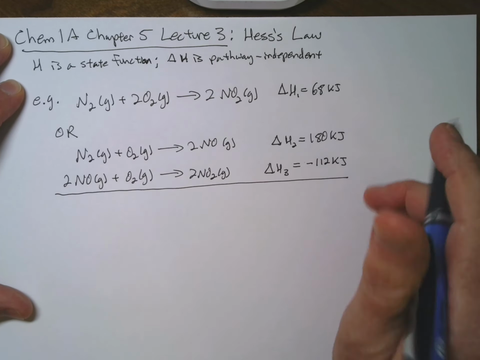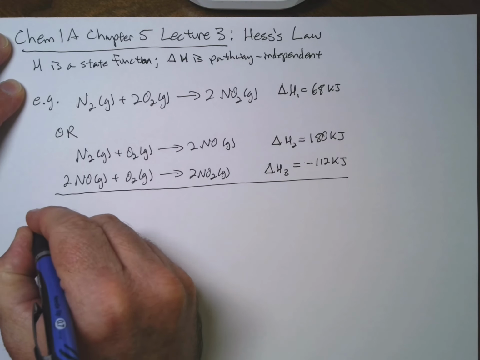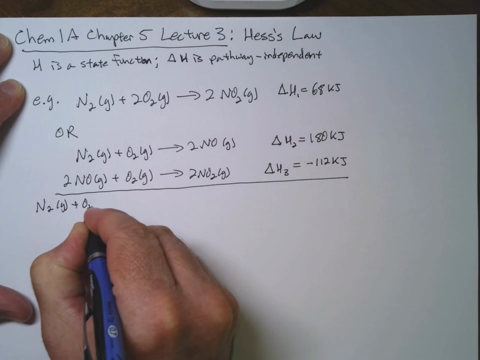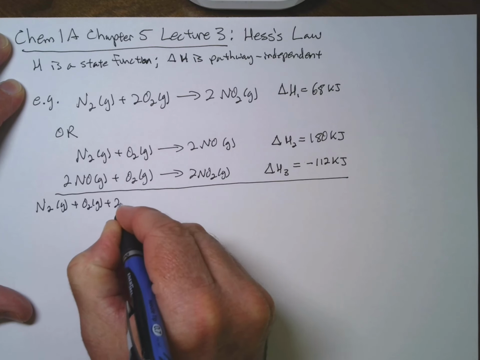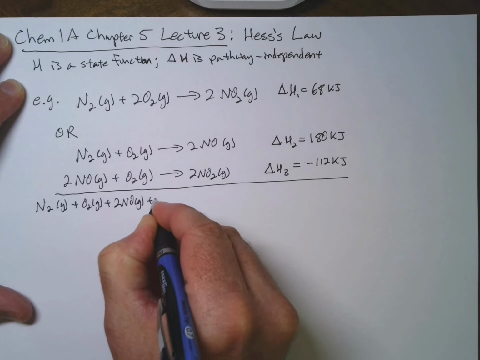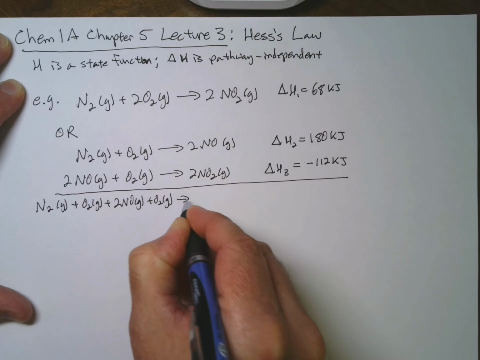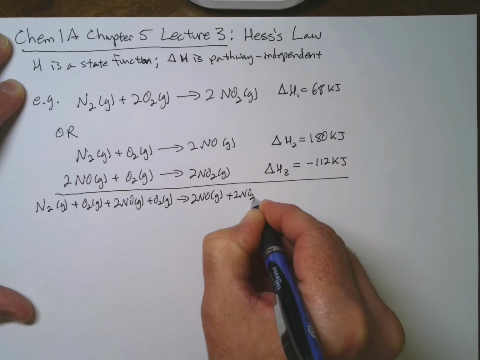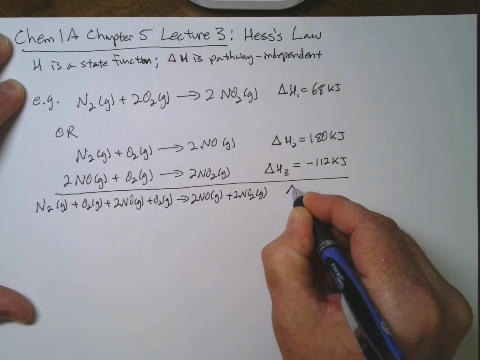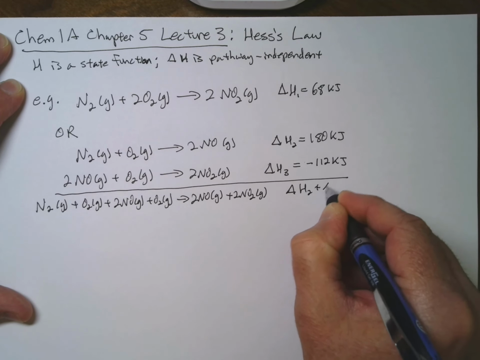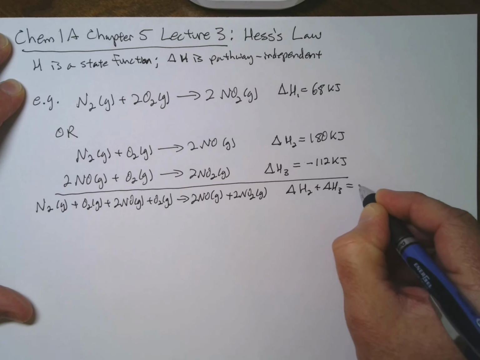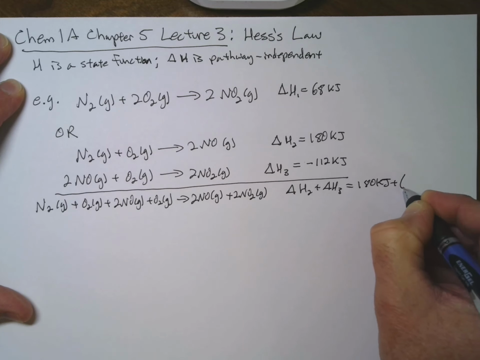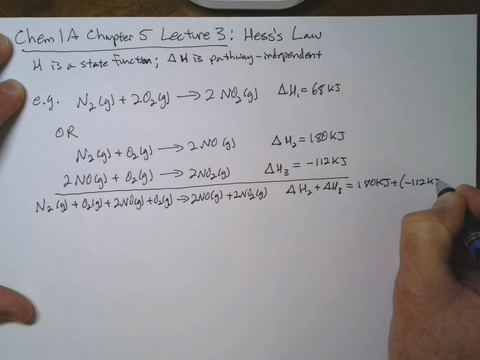So what we end up getting then is N2 gas plus O2 gas plus 2NO gas plus O2 gas react to give 2NO gas plus 2NO2 gas, and then delta H2 plus delta H3 equals 180 kilojoules plus minus 112 kilojoules.